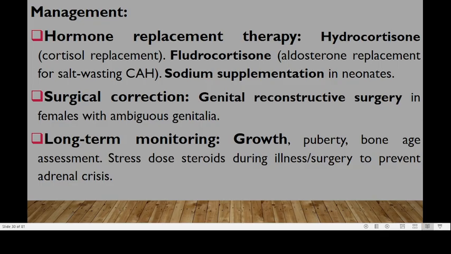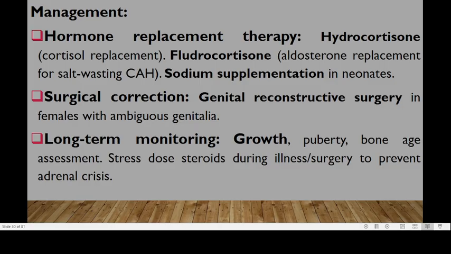In management, we do the hormonal replacement. So we could do hydrocortisone, that is the cortisol replacement. We could do fludrocortisone, that is aldosterone replacement for salt wasting congenital adrenal hyperplasia. Sodium supplementation in neonates. Could do also surgical correction, that is feminizing surgery in females with ambiguous genitalia.